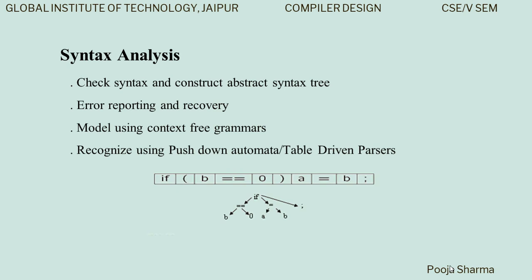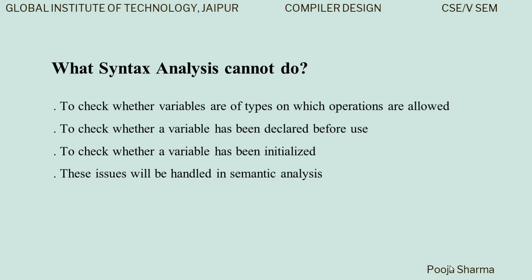Now, what can syntax analysis not do? The information which the syntax analysis phase gets from the previous phase, lexical analysis, is whether a token is valid or not, and which class of token it belongs to.